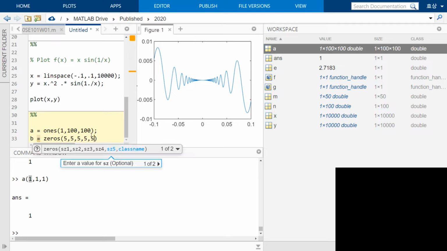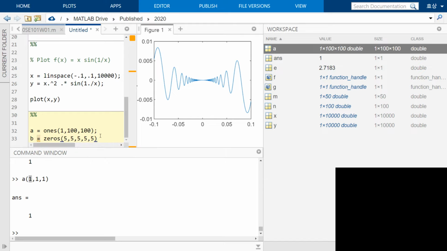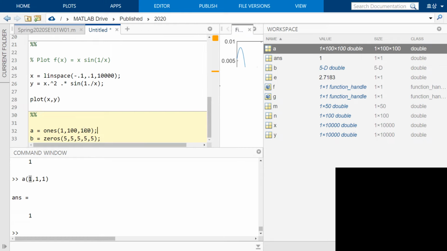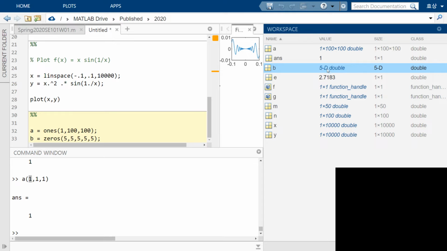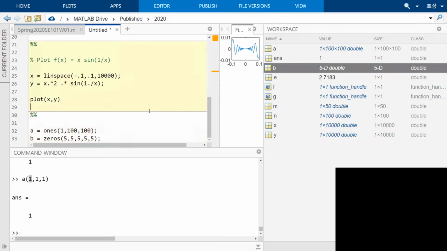You can put any dimension here. So when you run this, you get a 3-dimensional array for A and a 5-dimensional array for B. Okay. Any other questions?